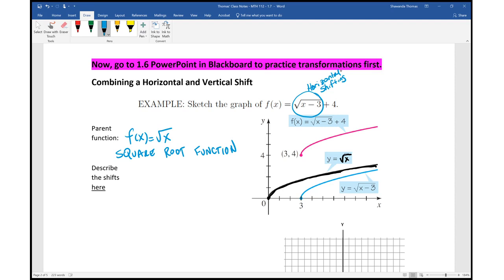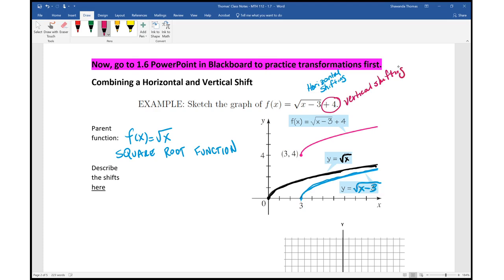You think it goes one way, but it actually goes to the right 3 units. So just that piece, the square root of x minus 3, will go over 3 units. Same shape, it would just go over. Now, what about all of it at the same time? That plus 4 part on the very outside will give us our vertical shift.